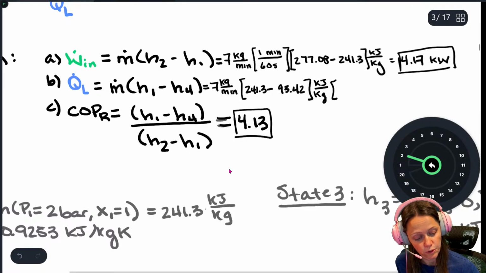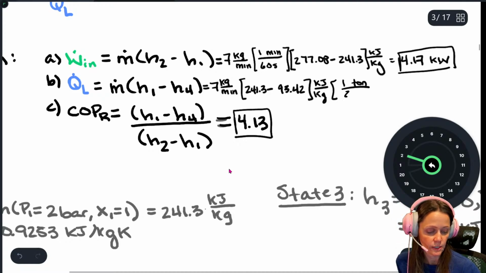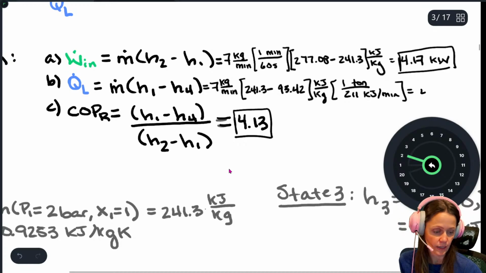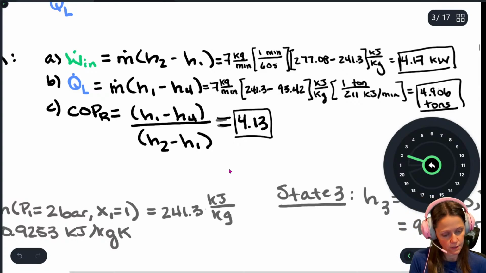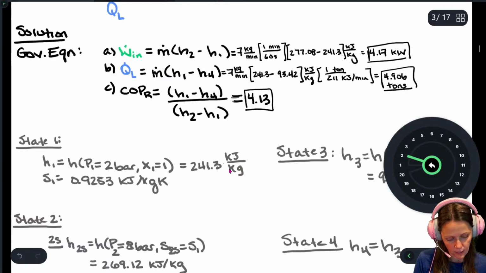And my unit conversion is that 1 ton of refrigeration is 211 kilojoules per minute. I think that works itself out, and I've got 4.906 tons of refrigeration. Okay.